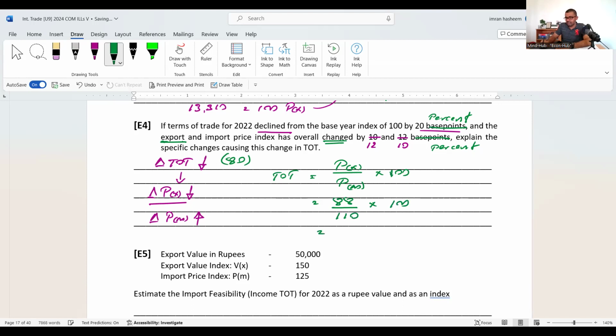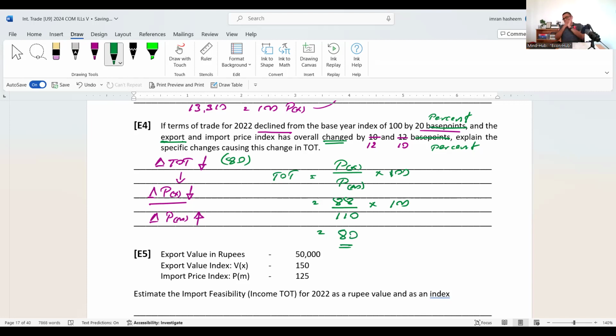Can you solve and tell me how much we get? Yeah, 80. You guys solve it? It's 88 over 110, no? Yes, we get 80. So we have explained this.